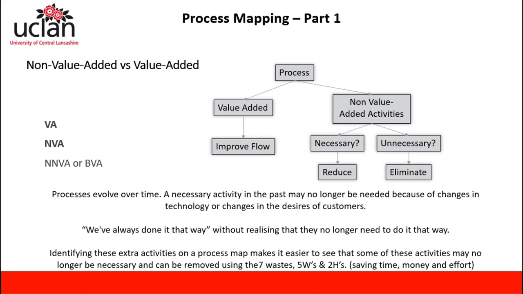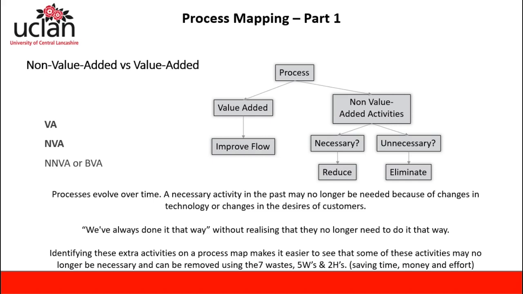What we're trying to do is improve the flow of the value added activities, but before we do that, we focus on the non-value added activities. These consist of necessary non-value added activities, which we try to reduce, and the unnecessary non-value added activities we try and eliminate. You sometimes see these called necessary non-value added or business value added activities.